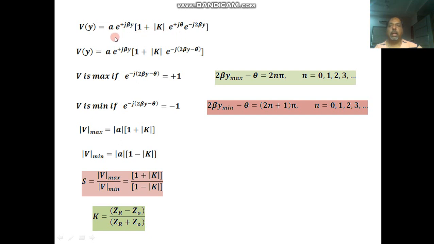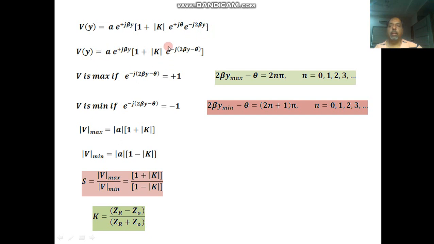Taking a e to the power plus j beta y common from this expression, we get a e to the power plus j beta y times the bracket 1 plus mod k e to the power j (theta minus 2 beta y).